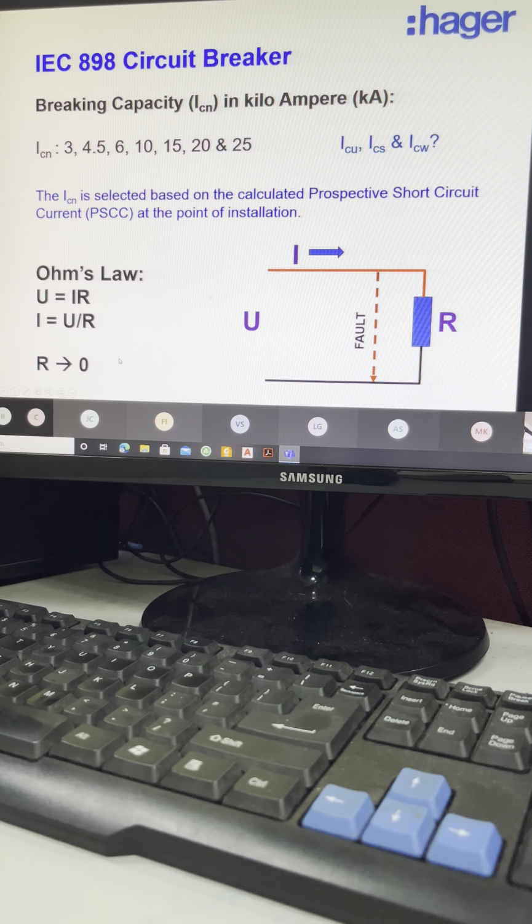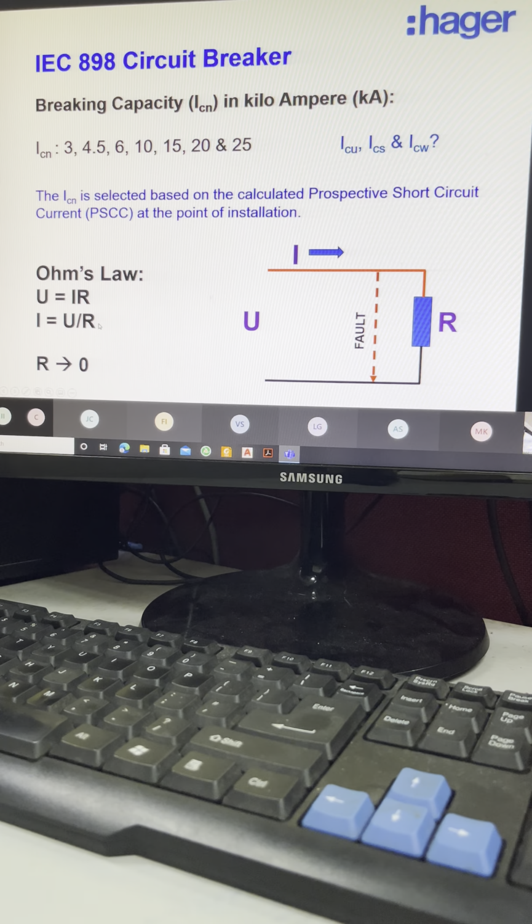So R is approaching zero, which means the voltage is now divided by a number approaching zero. I think you all know what the result will be. Once R is approaching zero, I will be approaching infinity. That is why during short circuit you will have I very, very high, in thousands of amps.